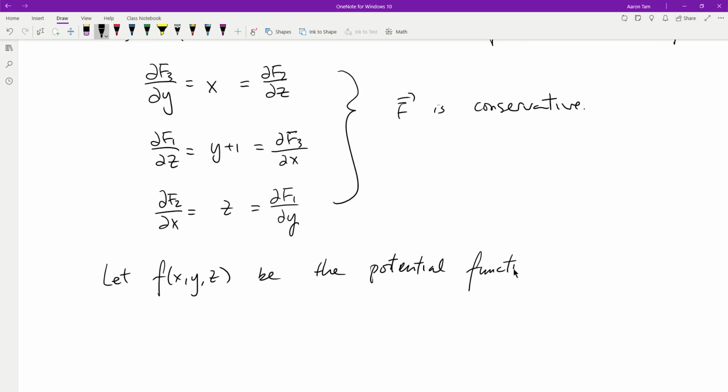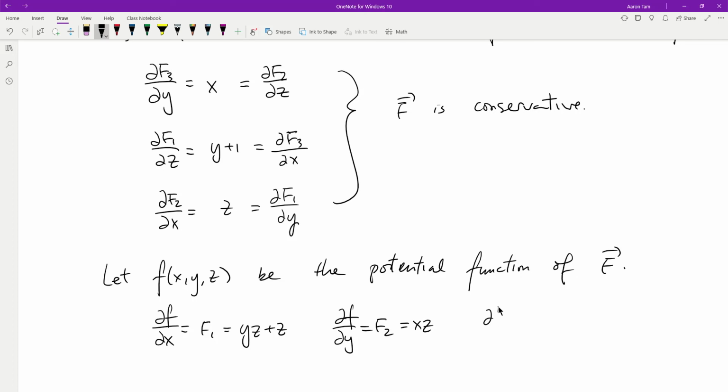So that implies that df over dx should equal f1, which is yz plus z. And df over dy should equal f2, which is xz. And df over dz should equal f3, which is xy plus x.